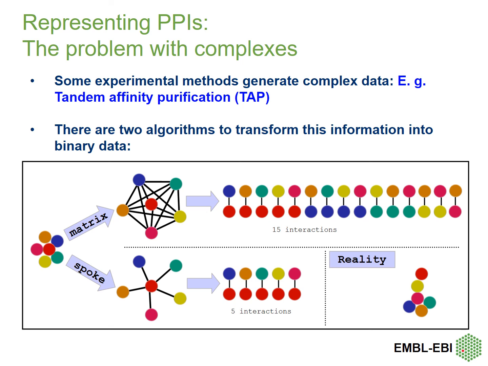So there are complexes, but how do those complexes interact together? Okay, we can make models and we can get information, the affinity purification technique, but there may be more different structures, and it's just showing different potential interactions, 15 versus 5, but in reality it may look like that.